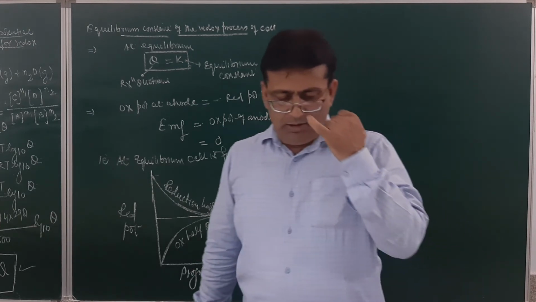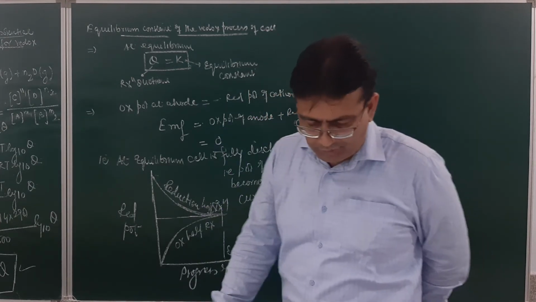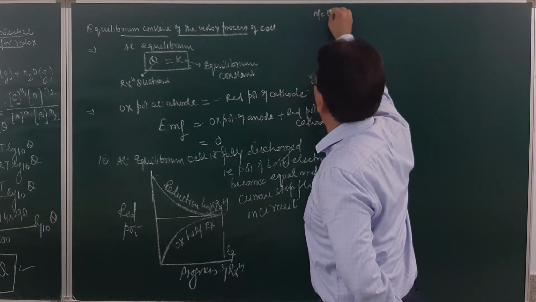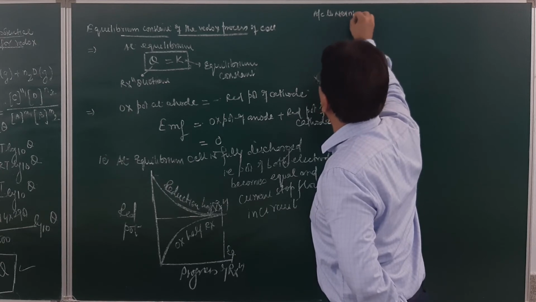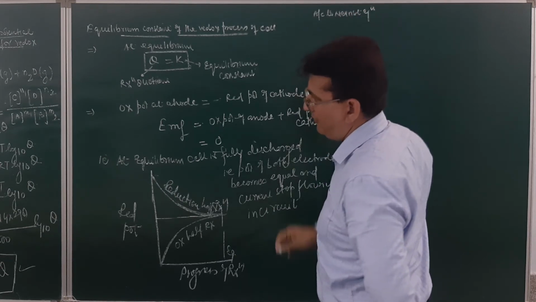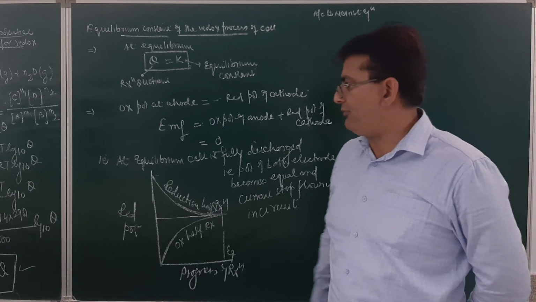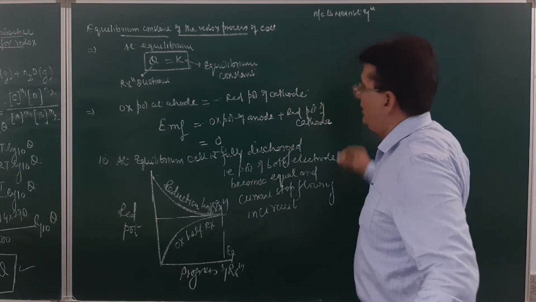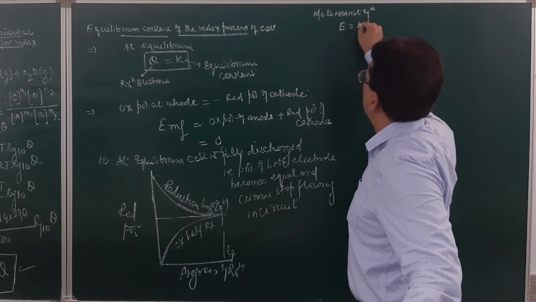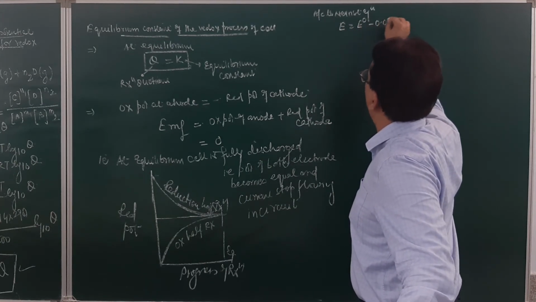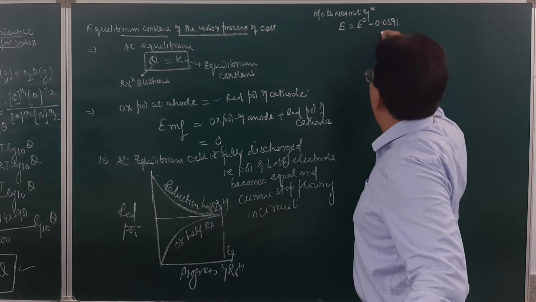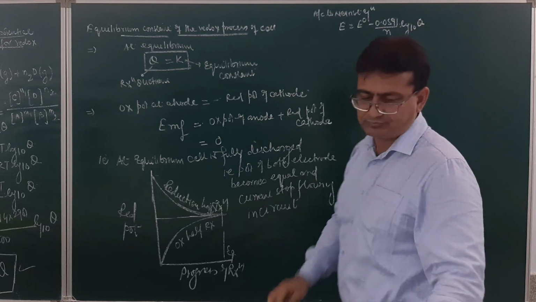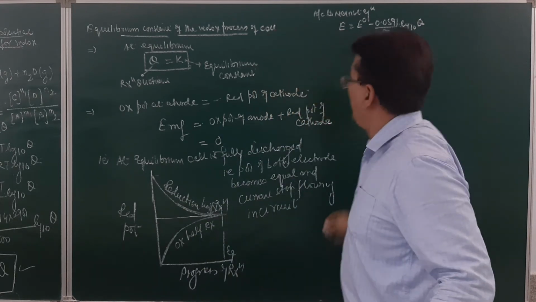Now, we all know, according to the Nernst equation, what is the Nernst equation we have? E cell will be equal to E naught minus 0.0591 upon n log base 10 Q. This is at what temperature?